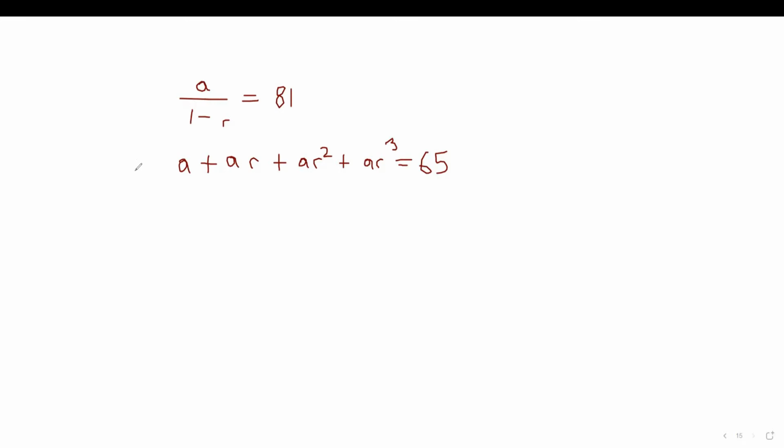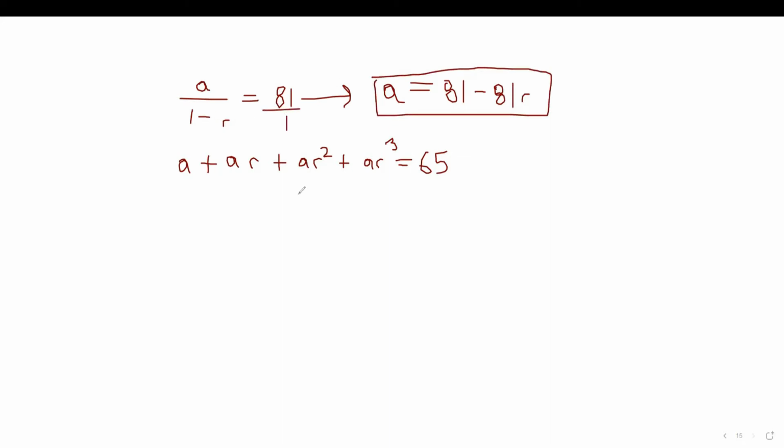From the first equation, I'm going to make A the subject by cross multiplying, and I get A is equal to 81 minus 81R. You see it? Yes, sir. All right, so A is 81 minus 81R.